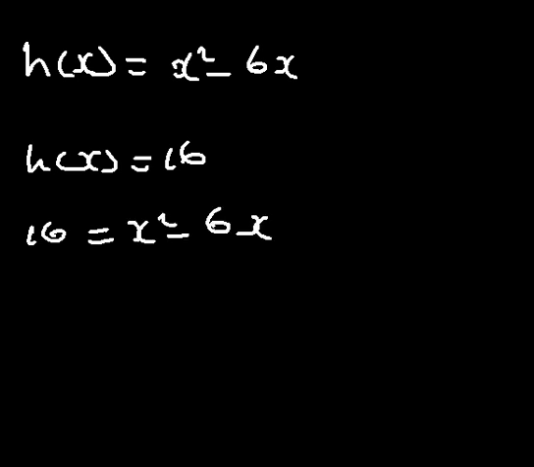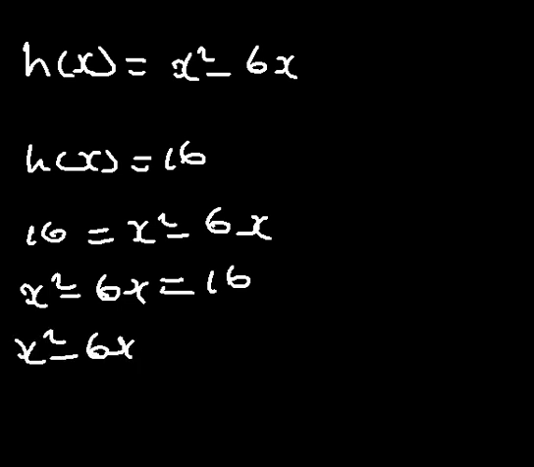So we have x squared minus 6x equals 16, which is the same as x squared minus 6x minus 16 equals 0. Let's now solve for x using this quadratic equation. What method should we use? Do you think the factor method will work? Of course it will work.